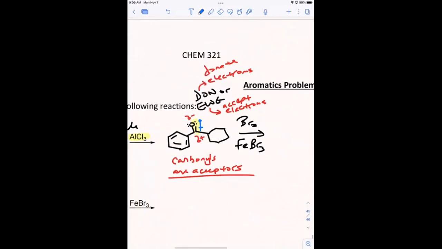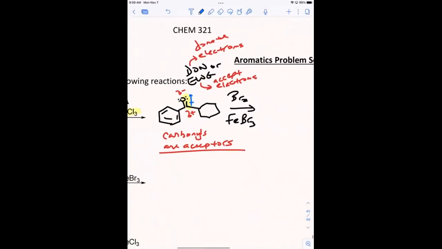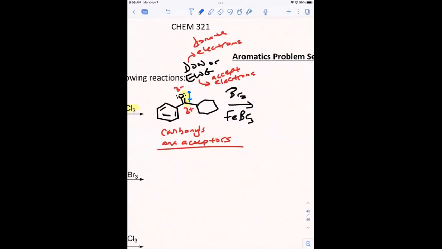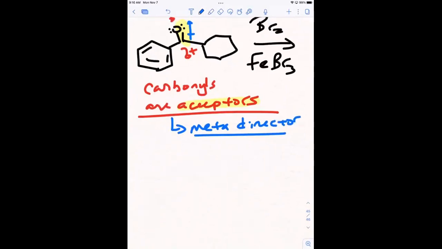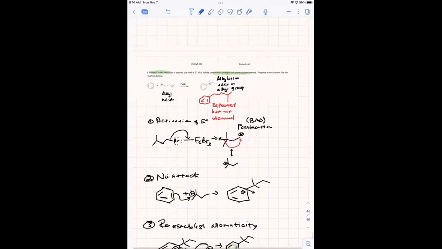So with that being said, if I want to add another electrophile to the ring, if this is an acceptor, that means it's going to be meta directed. Let me go back up to here.